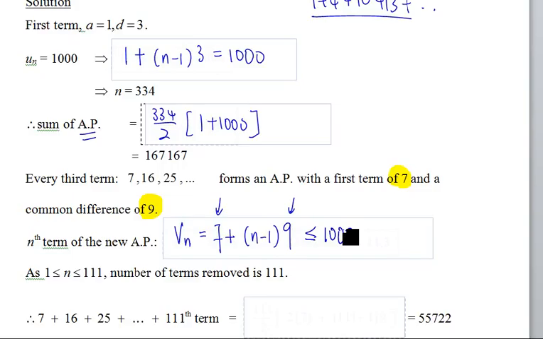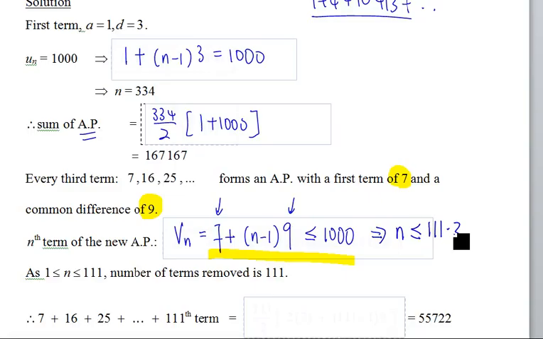Then you find the largest n such that it's smaller than 1000. By solving this inequality, you get n to be smaller than or equal to 111.3.